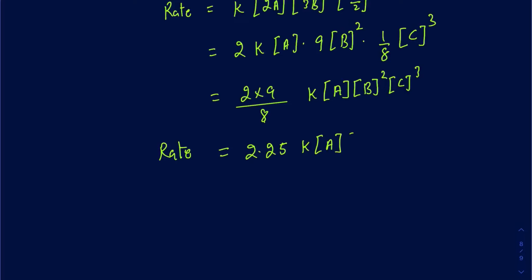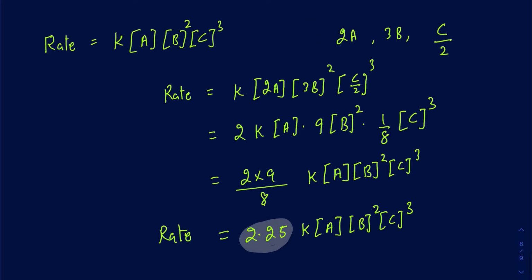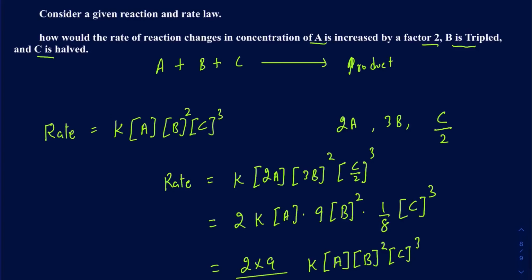It's going to be A to the power 1, B to the power 2, and C to the power 3. So what that really means is this new reaction rate is going to increase by a factor of 2.25 anytime you change the concentrations of A, B, and C according to this particular question. And that's how you're going to be doing a lot of these questions.